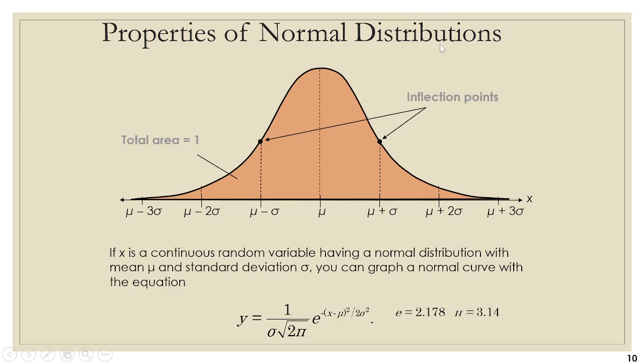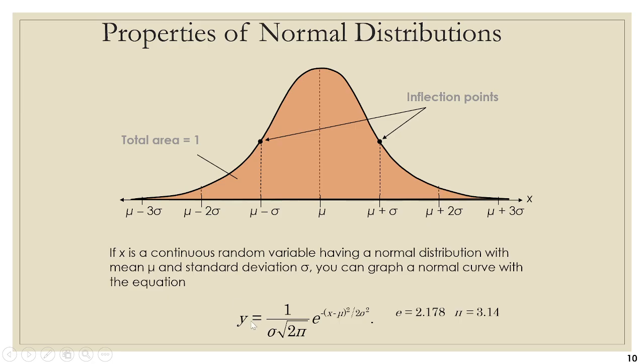Now this is the area of the normal distribution graph. These are mu minus sigma and mu plus sigma, the left hand side and the right hand side. These two points are called the inflection points, and from here to here is the region of the normal distribution.